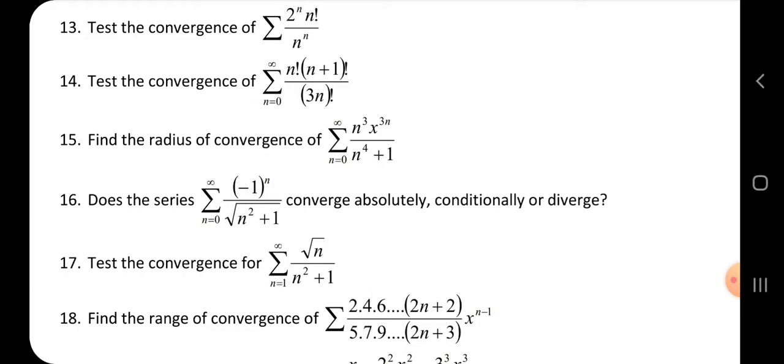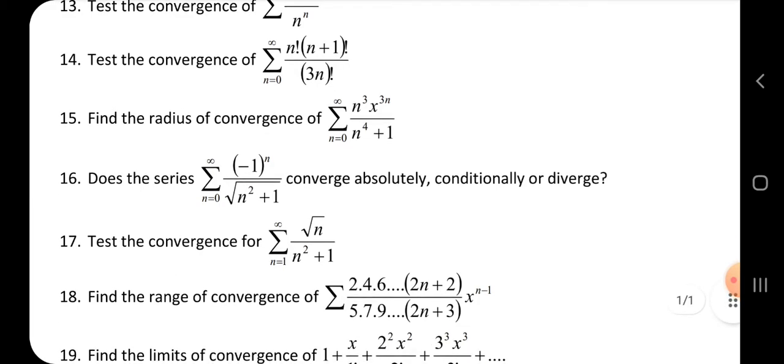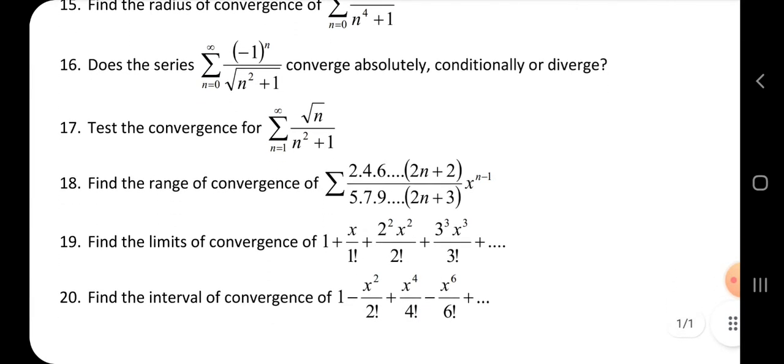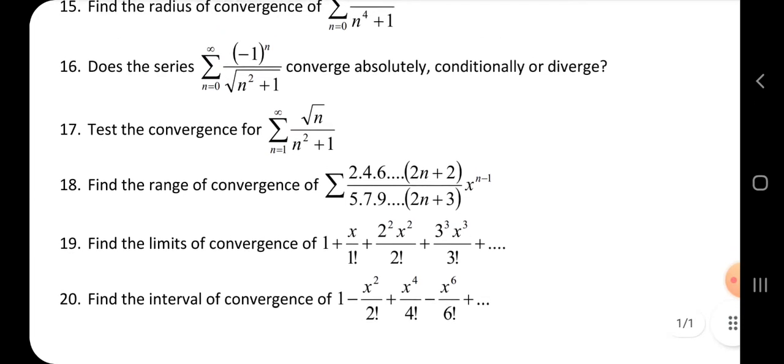And the logarithmic test, generally they won't ask you, but you need to remember that there you always use the logarithm of 1 plus x formula, and based on that you find out whether the series is convergent or divergent.